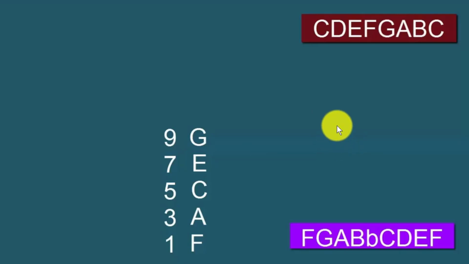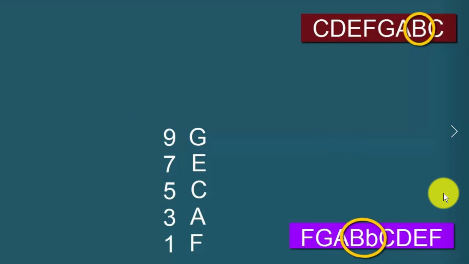So let's have a look at the next one. If we look at the B in the C major scale and look down at the F scale, we see that the B is actually a B flat. So this B in the C major scale is not the same as this in the F major scale. So we call this a sharp 11 because it's sharp up on this one.